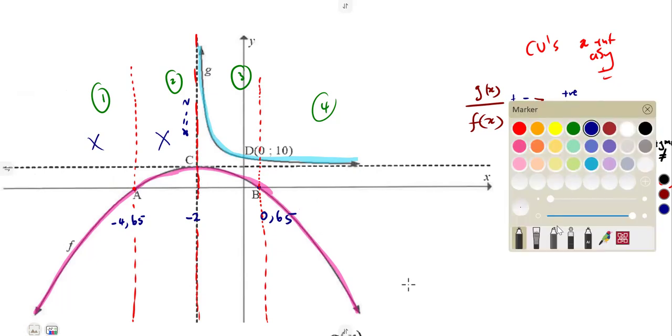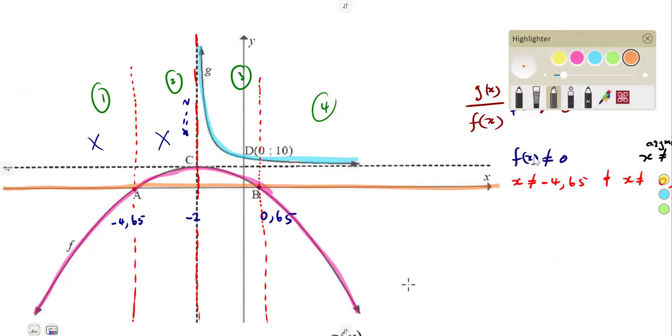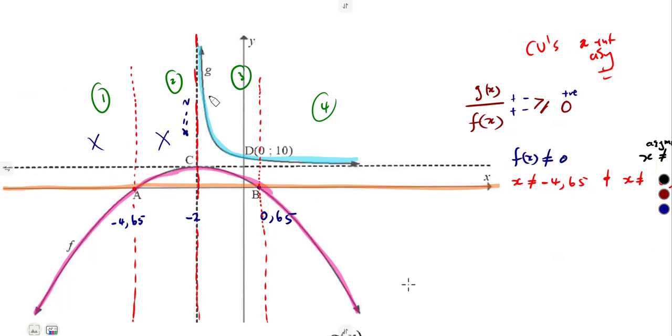This is our x-axis. As we can see, G is on top of the x-axis, being positive, and F is above, being positive again. That's from -2 up to what? Up to 0.65. Both are positive.